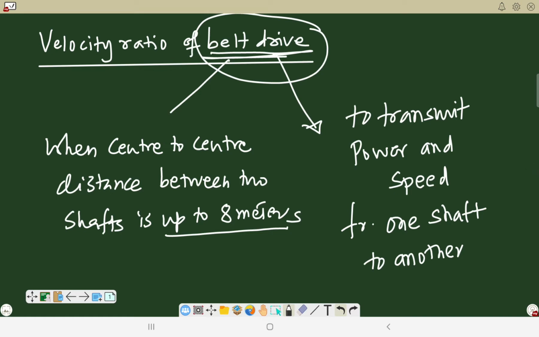So this is the meaning and the purpose of the belt drive.